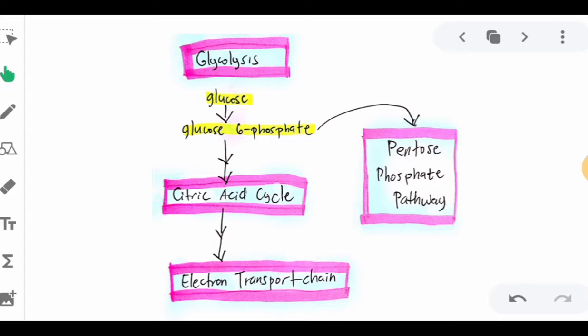So, just like what I have defined earlier, the pentose phosphate pathway utilizes glucose 6-phosphate as an alternative pathway for the production of other important molecules in our body. This is where it will take place, here in glucose 6-phosphate.